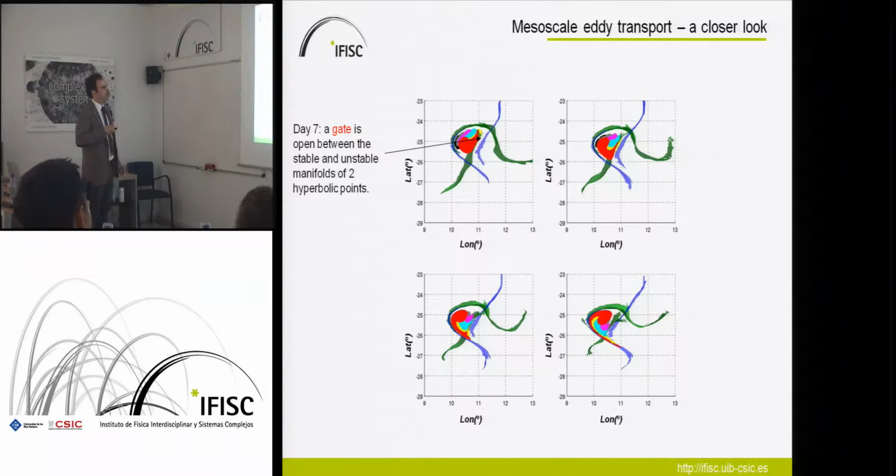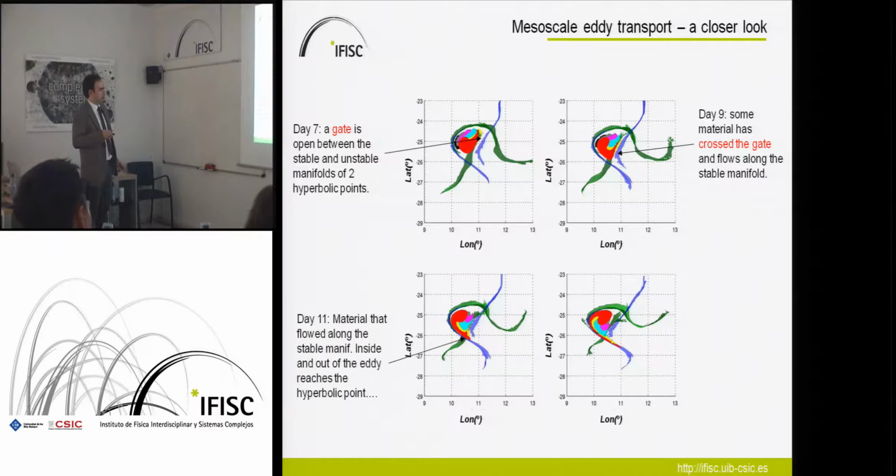And then we observed that some particles had crossed the opening, and they were flowing on the other side. And then when they reached the attracting structures, the particles diverged, and then we had the formation of a filament.